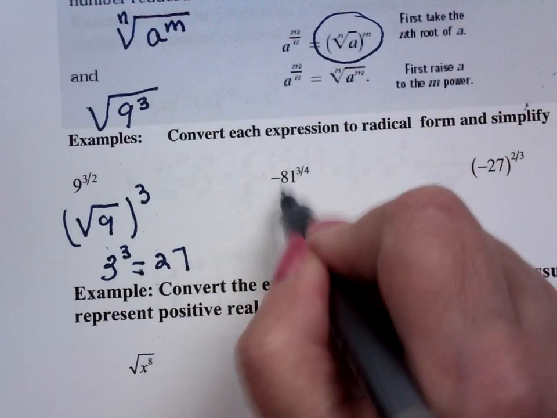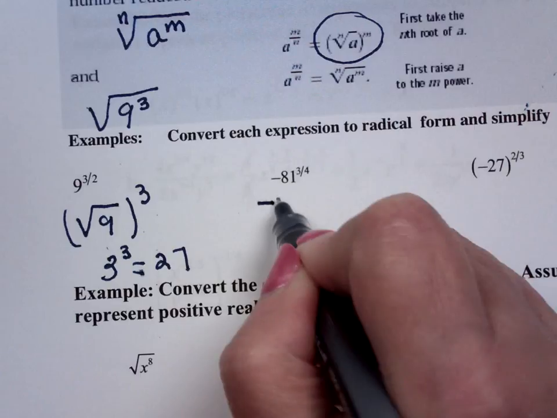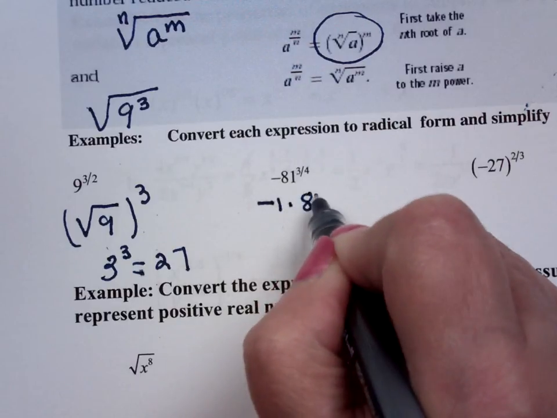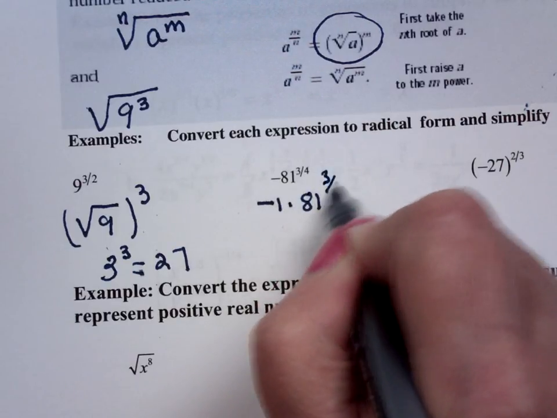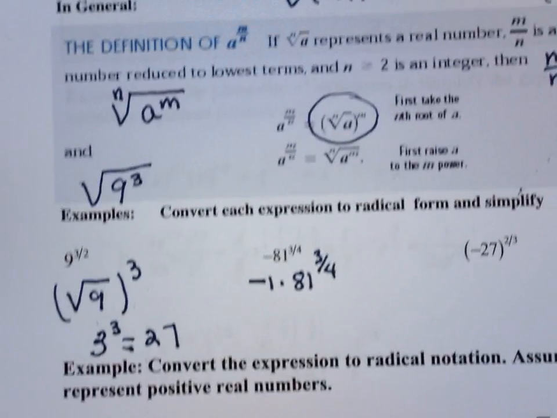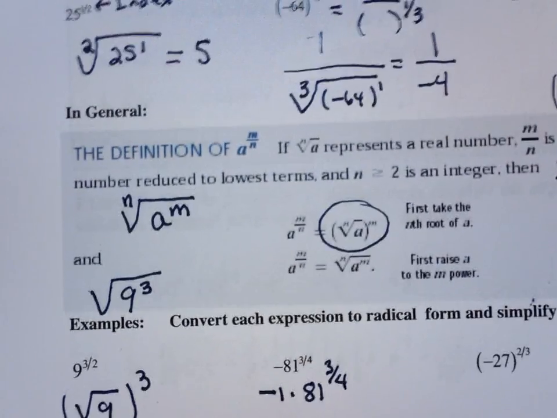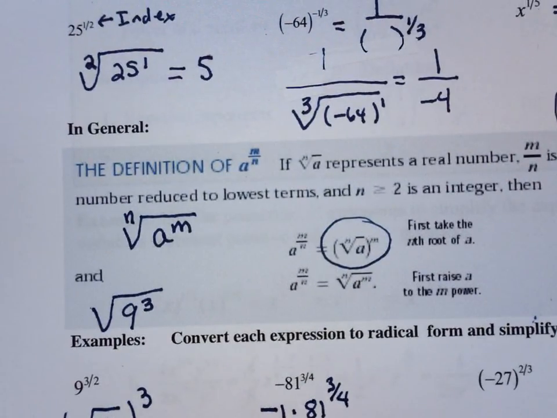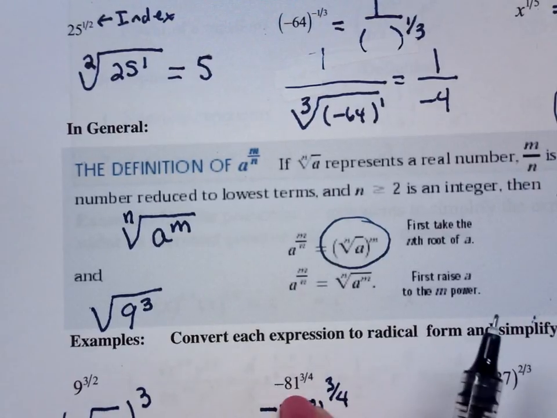Now, notice that this is the same as -1 times 81 to the 3/4. Why would I say that? What's different about that, as opposed to what we did up here with the -64? What's the difference between -64 and this 81?